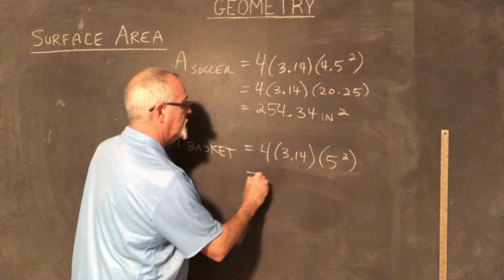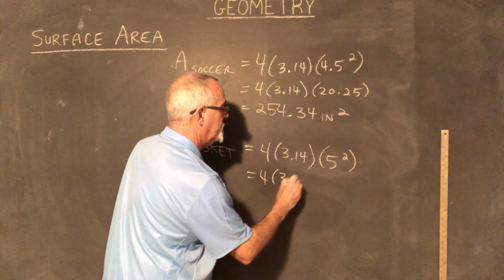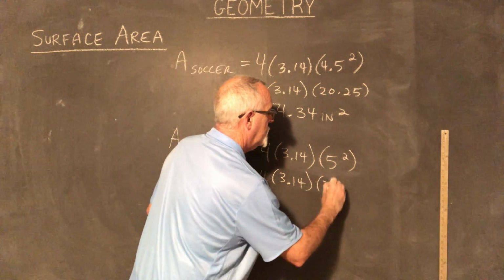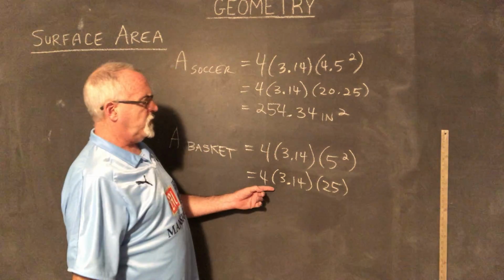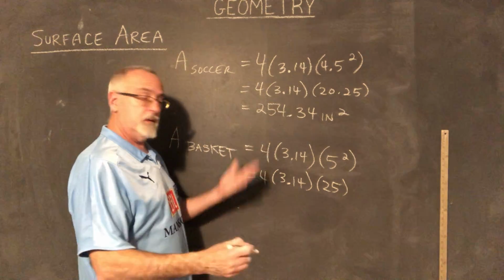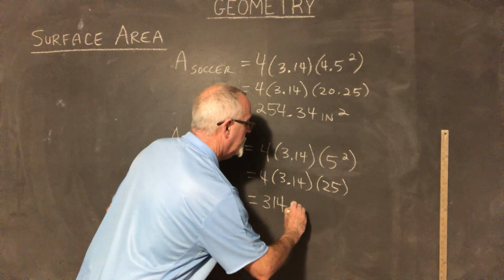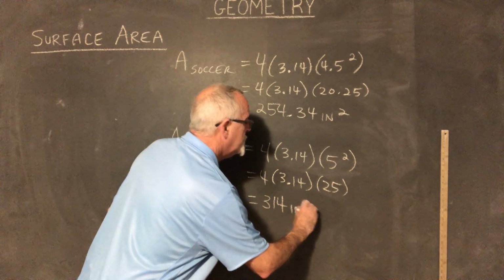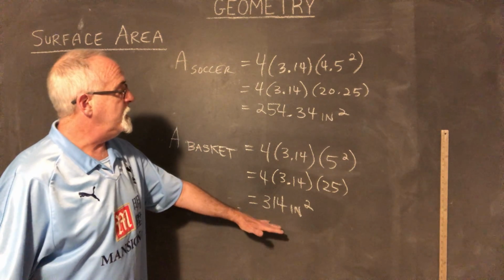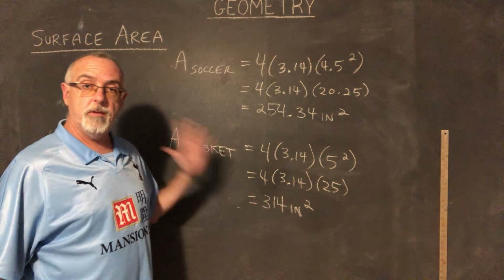Another one easy to calculate, 5 squared is 25, times 4 is 100, times, oh, it's kind of easy to do this one in our heads. 314 square inches is going to be the surface area of the basketball.